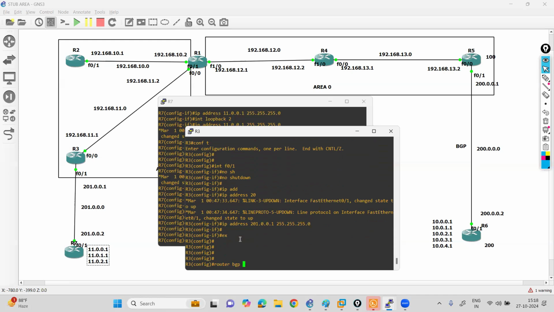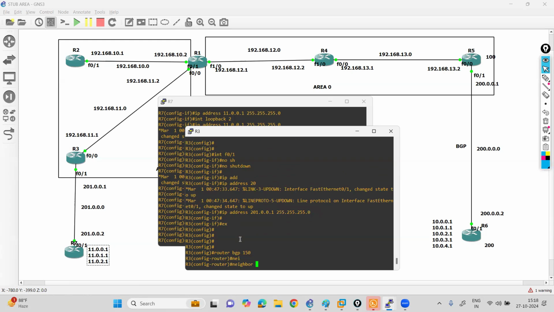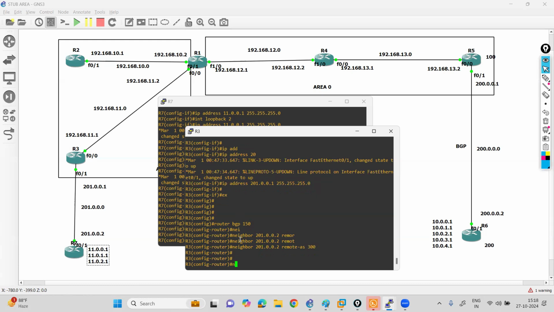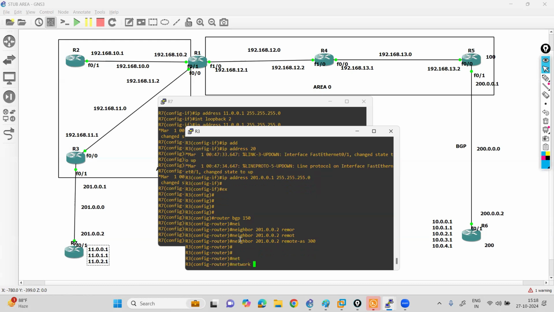Router BGP 150, neighbor 201.0.0.2, remote AS 300. And the network is what?